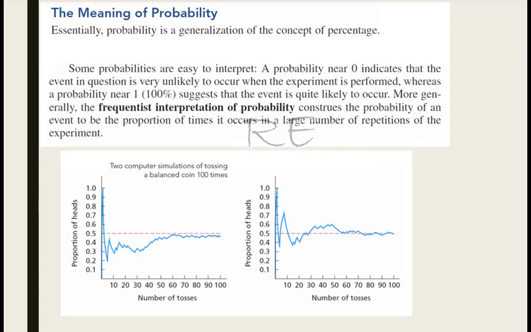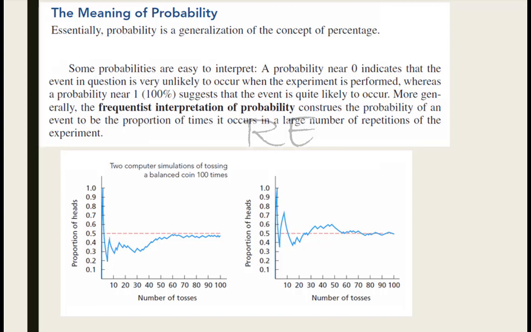The meaning of probability. Well, a probability of 0 indicates that the event is very unlikely to happen, if not impossible. And a probability of 100 indicates certainty.